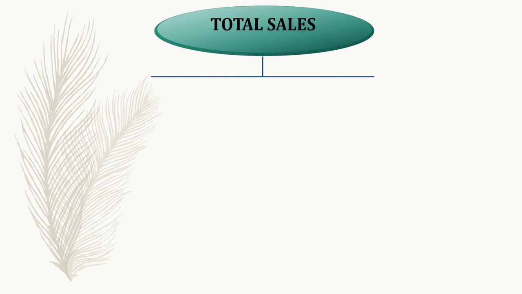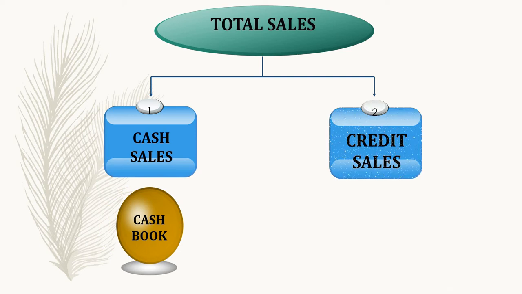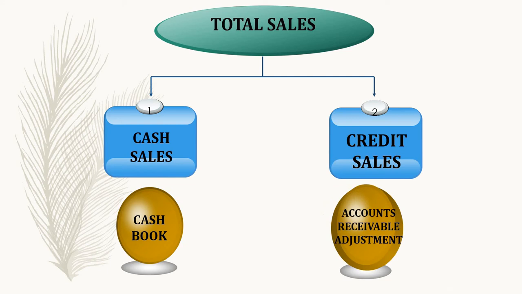To do the adjustments for my sales, I need to acquire the cash sales from my cash book, and I need to acquire my credit sales from my adjustments in the accounts receivable.